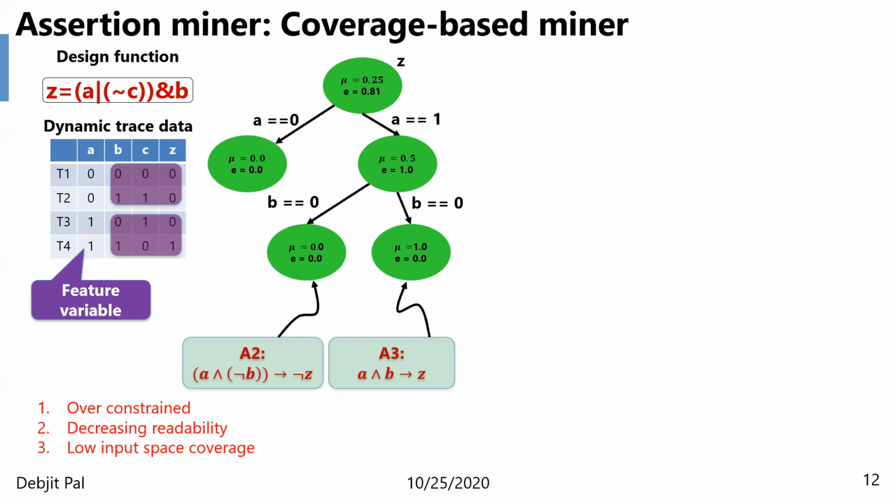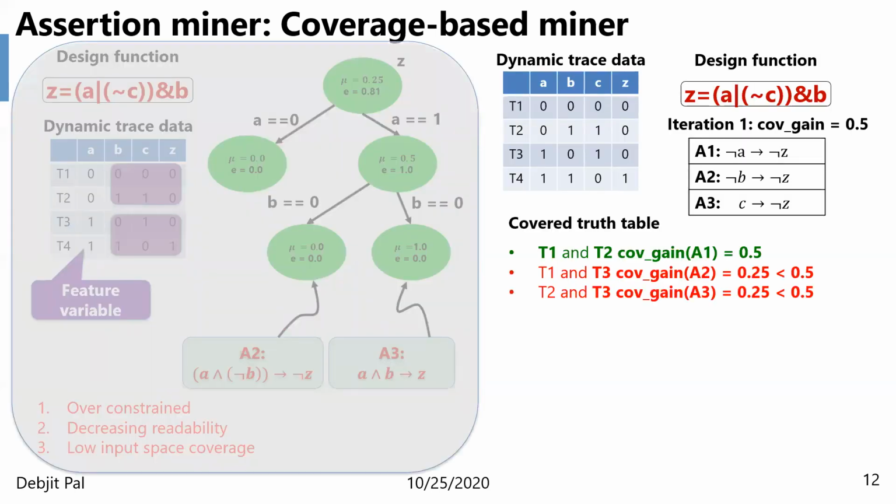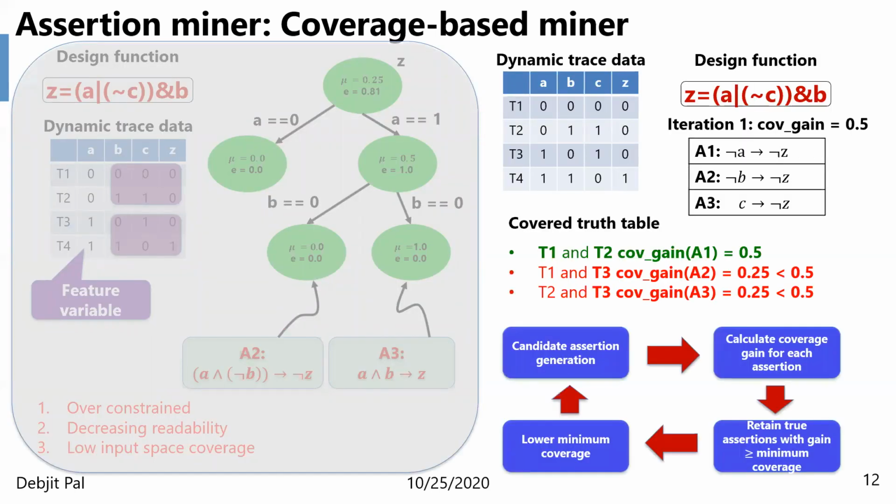To address this problem, we introduce the coverage-based miner. In the coverage-based miner, we introduce a four-step process where we first generate candidate assertions, then we identify the amount of simulation traces that are covered by each of these assertions. If an assertion covers a minimum amount of input coverage space, then we retain that assertion.